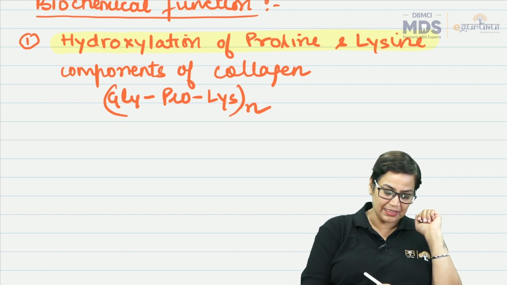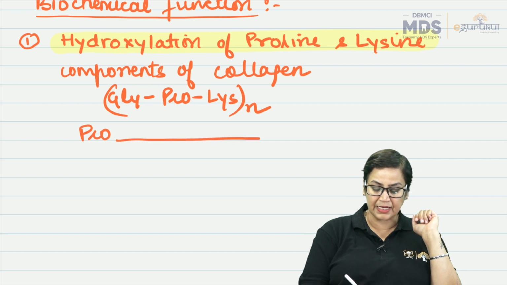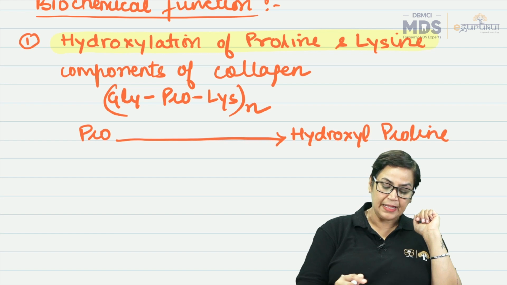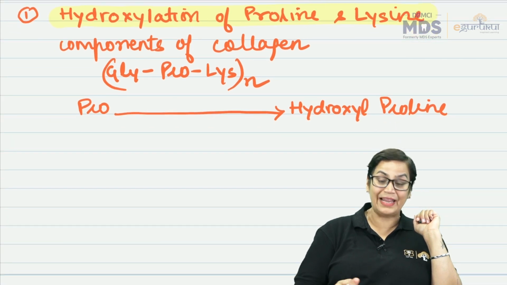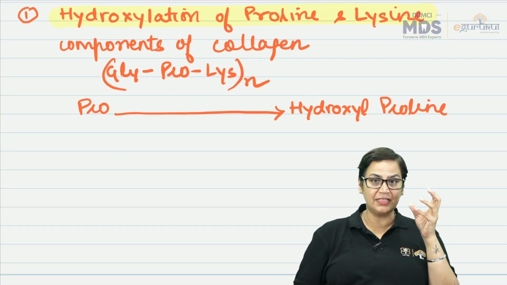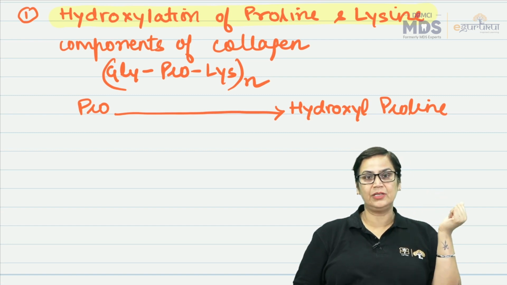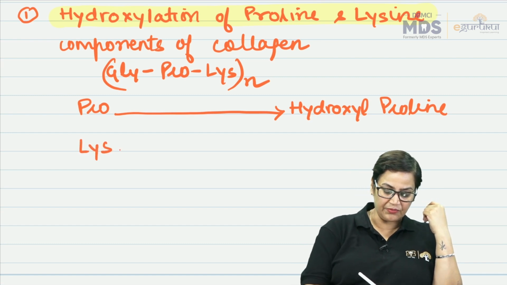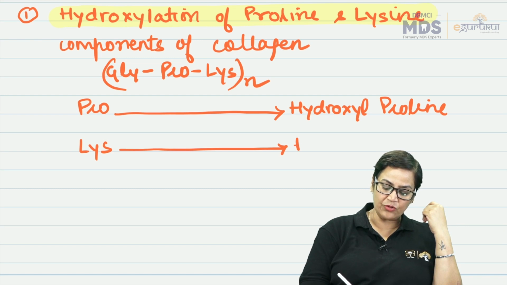What happens is this proline is converted into hydroxyproline. The entire strength of collagen is determined by measurement of this hydroxyproline, which is a question which has been asked in the exam. And lysine is converted into hydroxylysine.